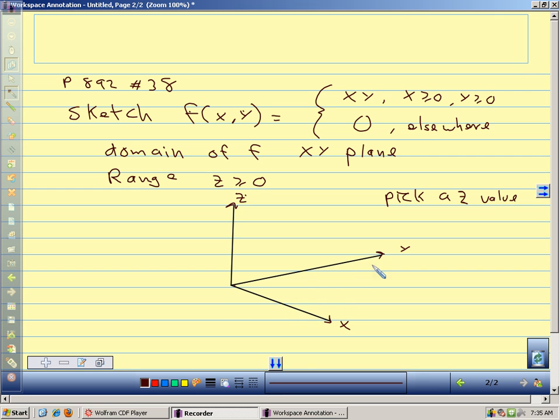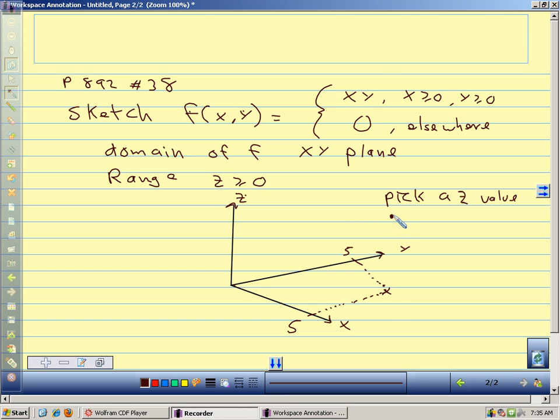Let's pick a nice number for x and y, like 5. So if x and y are both 5, what is z? 25? So if x and y are both 5, and I'm going to draw some dotted lines like so, there's a spot in the xy plane where x and y are both 5.